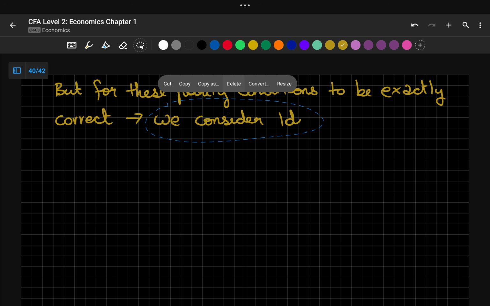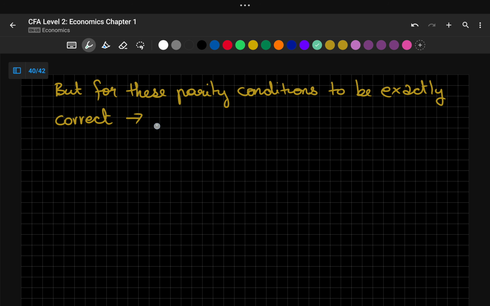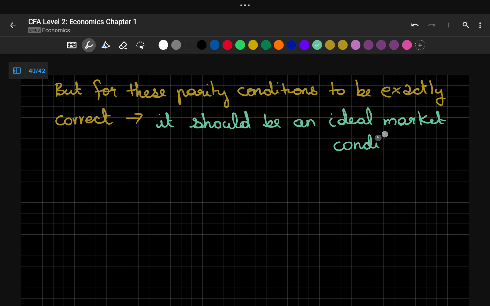It should be an ideal or perfect market condition. What do we mean by this?